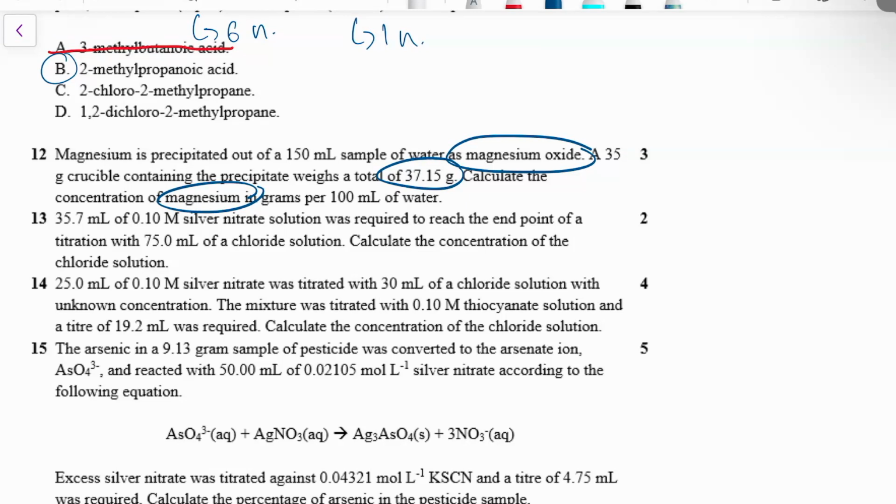So for that, you have to relate it with an equation. However, in this case, they've given you magnesium oxide, and it's not like they asked you for magnesium dioxide or magnesium carbonate. They asked you for magnesium, which means I don't really need to write the chemical equation for this.